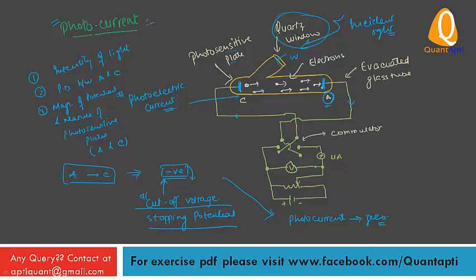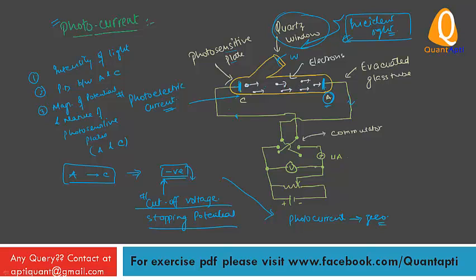Now the frequency of incident radiation and the accelerating potential are kept fixed, and only the intensity of light is varied. The photocurrent increases with intensity of incident light. If incident light is increased, then the electrons emitted from the surface also increase, and then the photocurrent also increases, since photocurrent is directly proportional to the number of photoelectrons emitted per second.